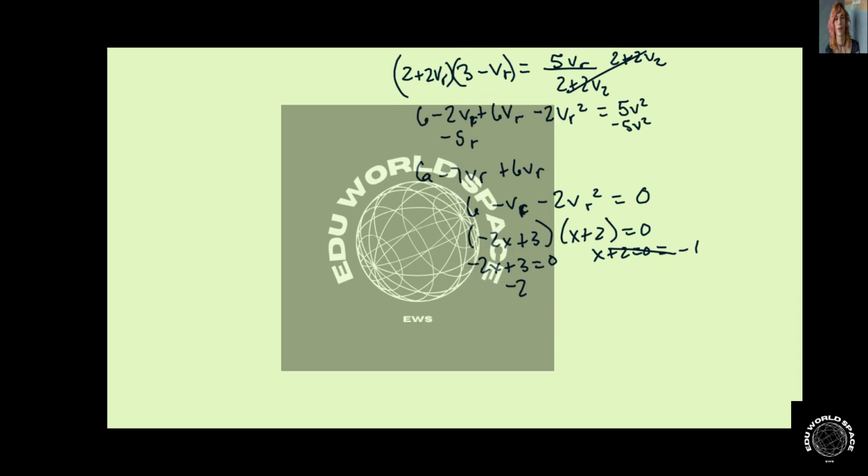So we have negative 2x plus 3 equals 0. Subtracting 3 gives us negative 2x equal to negative 3. Dividing both sides by negative 2, we get x, or our value for the river. Sorry, just out of habit I use an x, but this is our VR. We have 1.5 equals the velocity of the river.